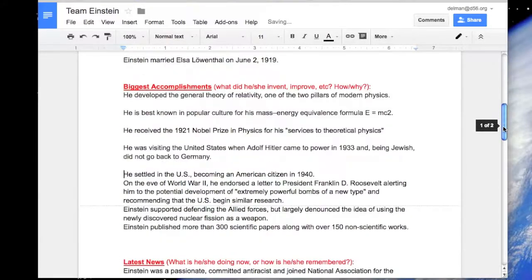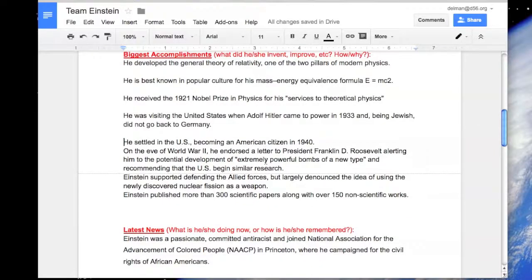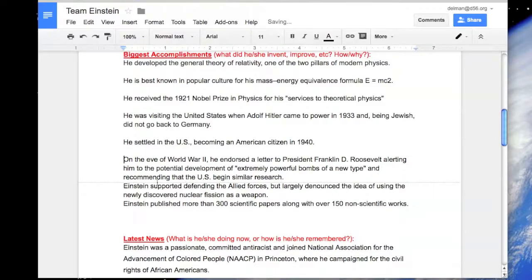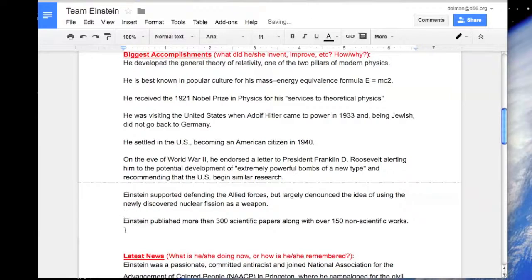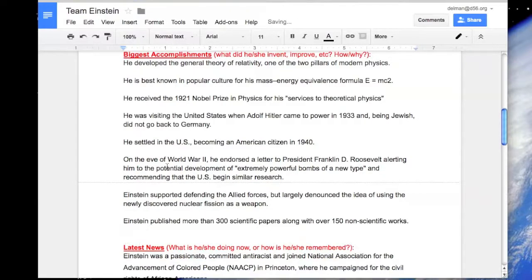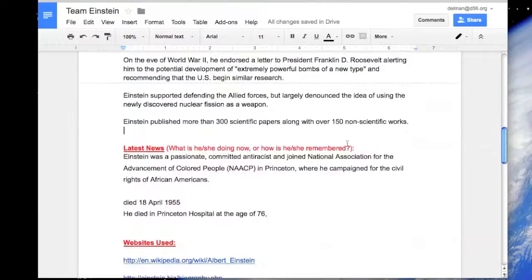I want to make sure everything's in chronological order, even if it has to go to a different section, because each of these facts are going to be separated in the last part of this project. So if you separate them now, it'll be easier later on.